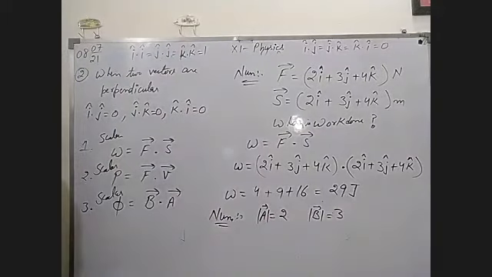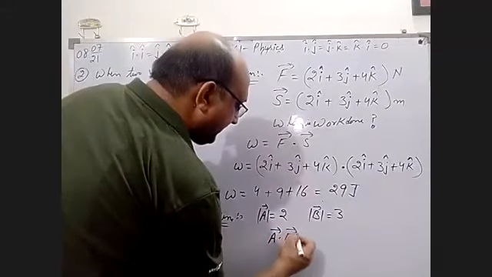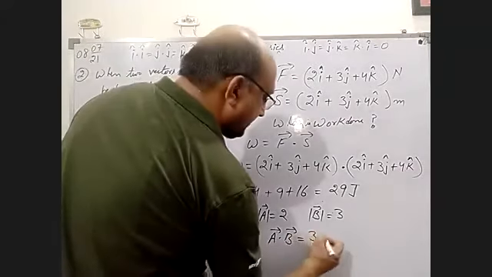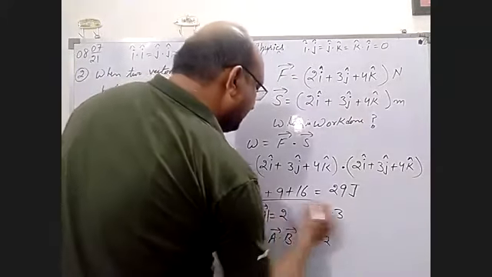One is of 2 and other of 3. And the scalar product, vector A dot vector B, is equal to 3 root 2. These three values are given.